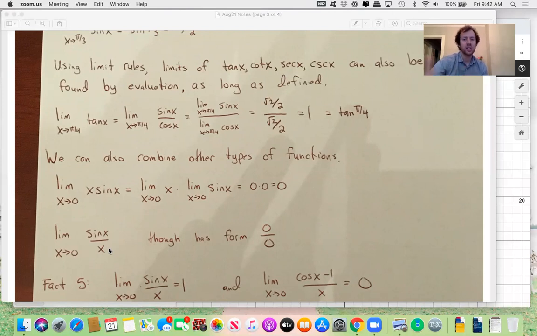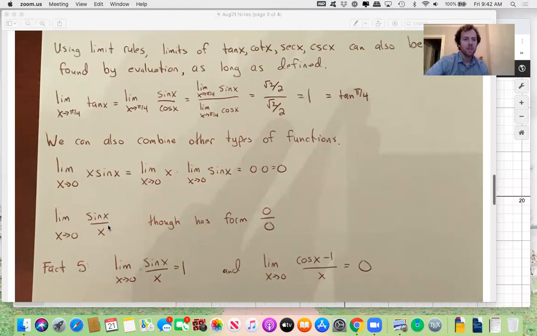There's no factoring, there's no conjugate, there's just not a lot to work with. So what we'll say is we're going to take this limit as a kind of black box. We'll just take it as a given fact and say, if you encounter this limit, we know its value and can use this. And so this limit of sine x over x is 1.